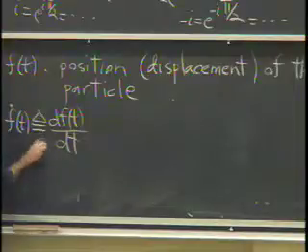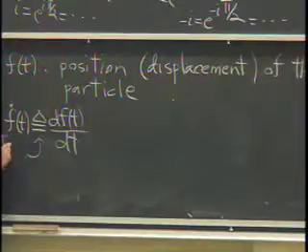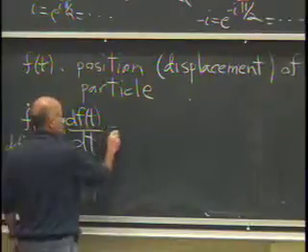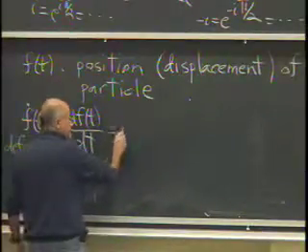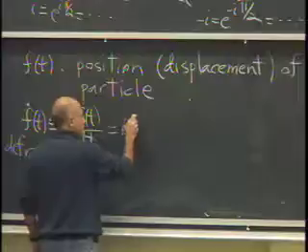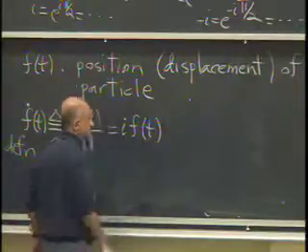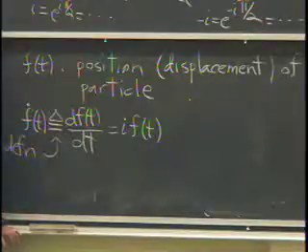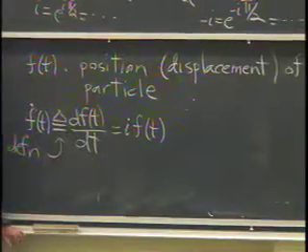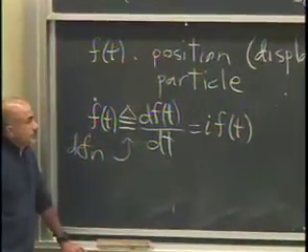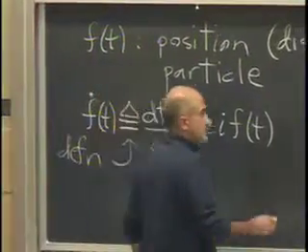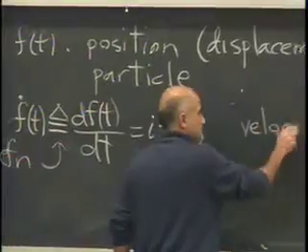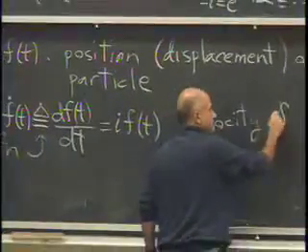This means it's defined as, by definition, what we've discovered is i times f of t. In other words, this is the velocity of the particle.